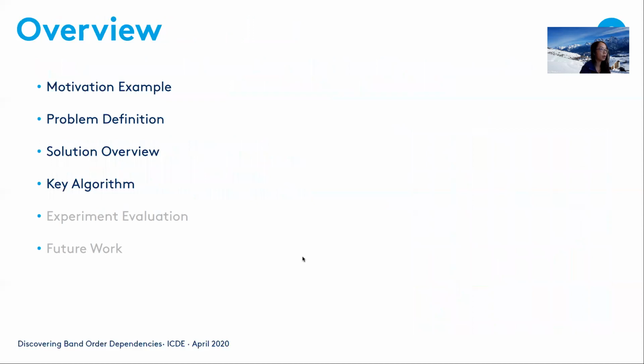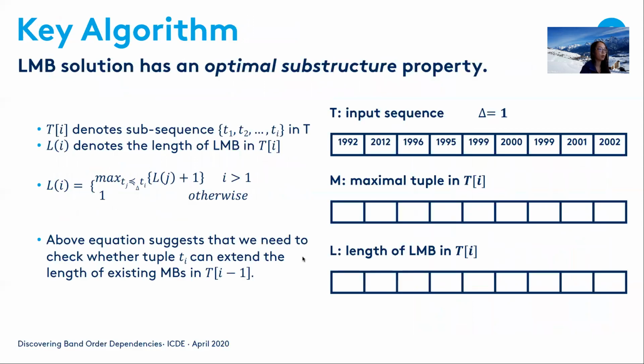So now the key to our problem is to construct the longest monotonic band in the input sequence. The good news is that the longest monotonic band solution has an optimal substructure property. Let Ti denote the subsequence T1 until Ti, and Li denote the length of the longest monotonic band in subsequence Ti.